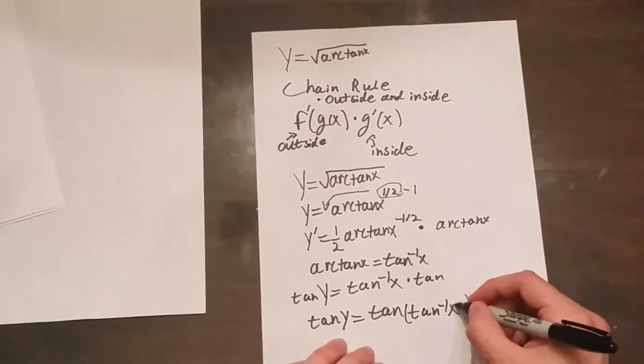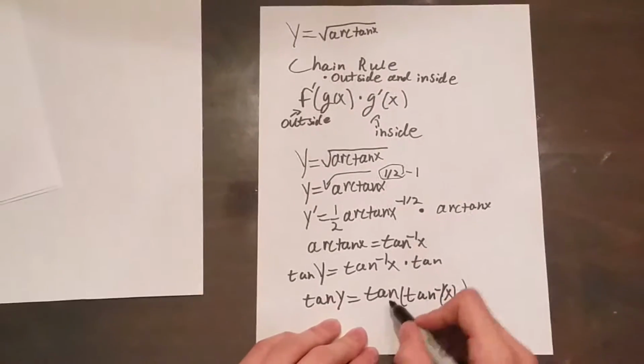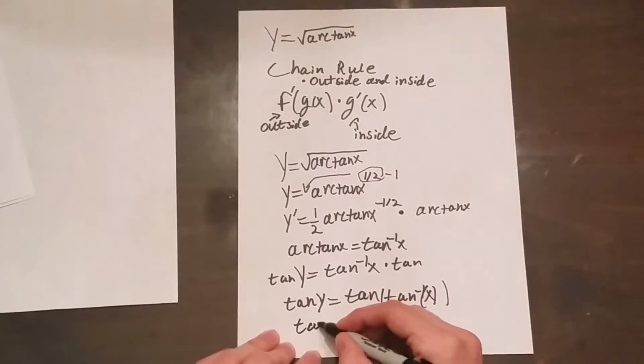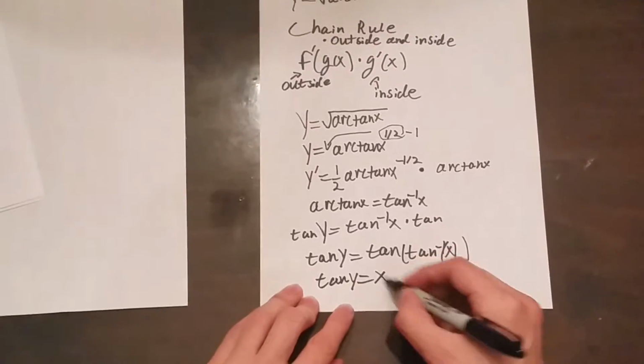And since we know that a function and its inverse cancel each other out, this is really just tangent of y equals x.